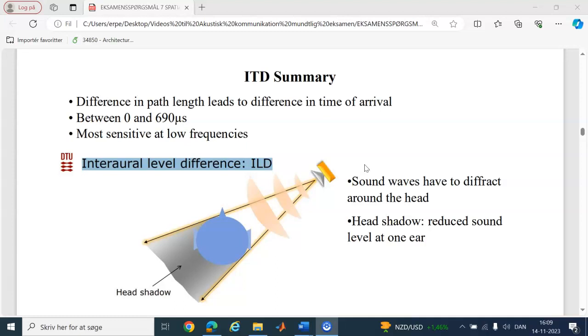Then there's a head shadow, a reduced sound level at one ear. Especially with high frequencies, they are not diffracted much, so there is really a reduced sound level at one ear. When the frequencies are lower, the wavelengths are higher, there is more diffraction, and the ILD is lower.